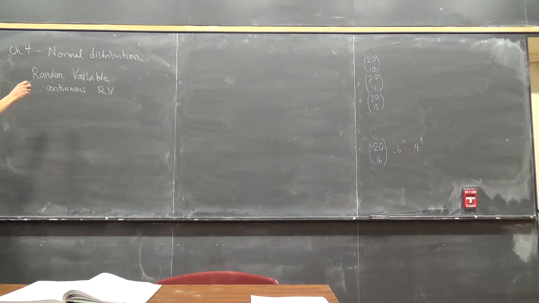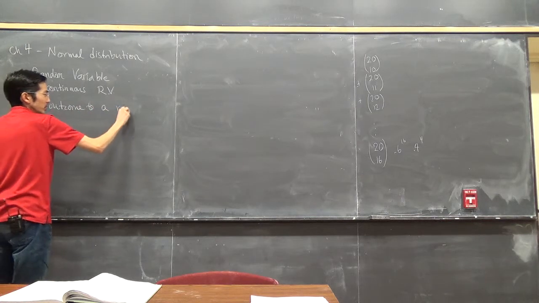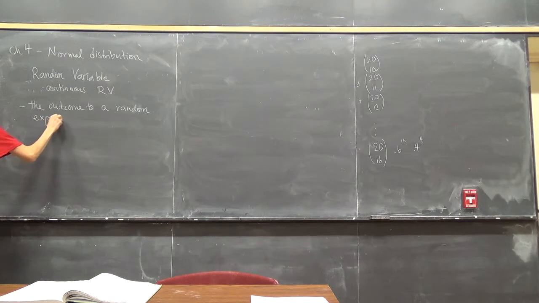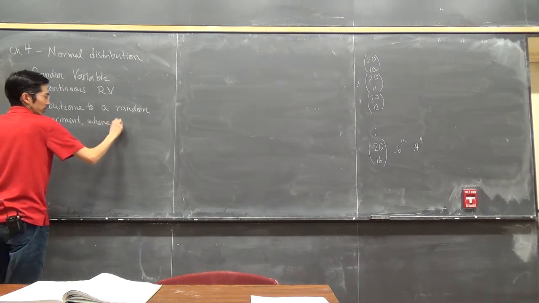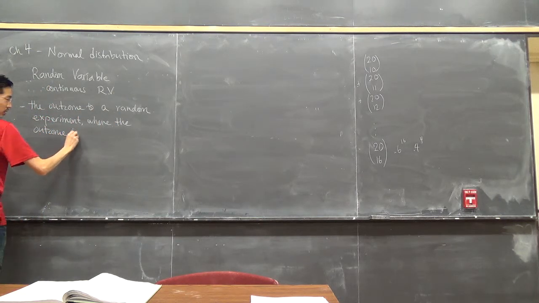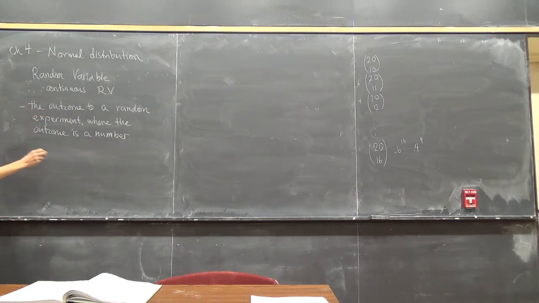So let me just paraphrase all of that I said. Okay, so this is the outcome to a random experiment, a random trial. The outcome is a number. So, example.